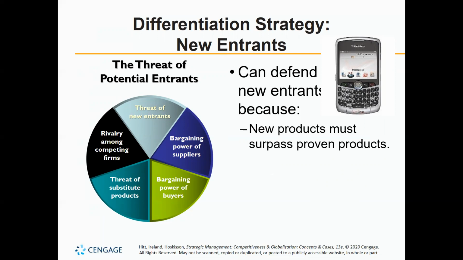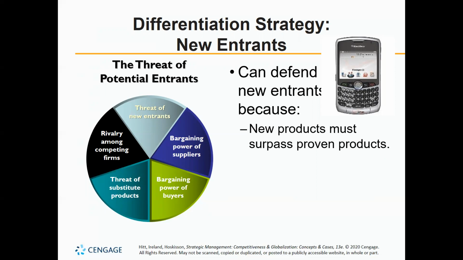In 2007, 2008, this was the phone that if somebody had a corporate issued phone, it was most likely a BlackBerry. It was top of the line. It was the differentiated product of its time. However, the iPhone came in and was able to surpass the proven BlackBerry, but it's difficult to do, and only a few companies are likely to be able to make a leap like that.